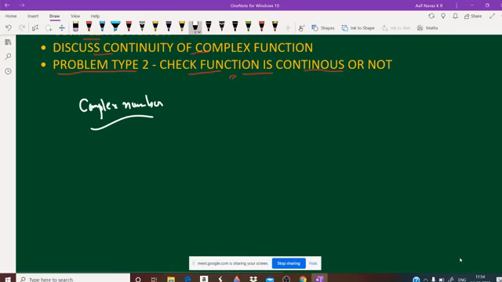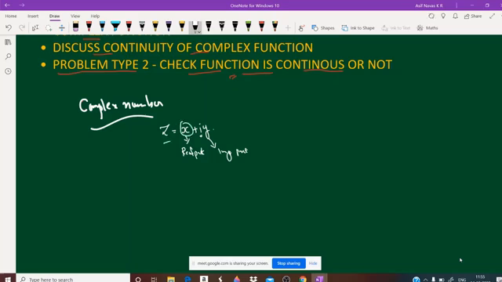A complex number is of the form z equal to x plus iy, where x is the real part of the complex number and y is the imaginary part. The coefficient of i is the imaginary part, and the other part is the real part.